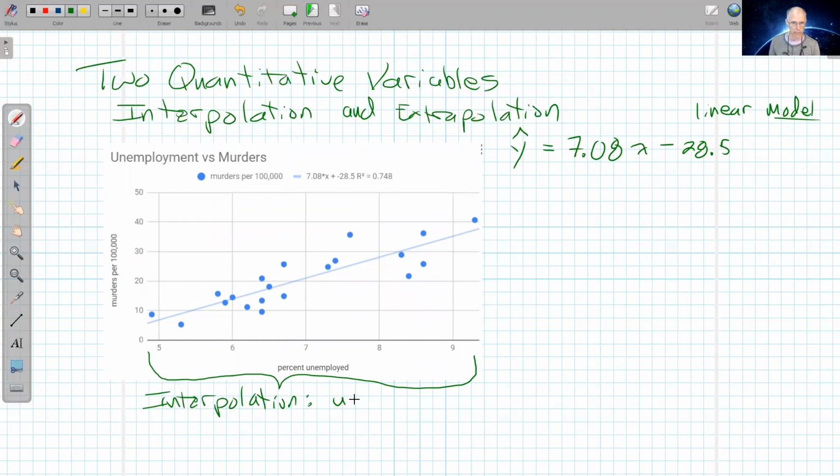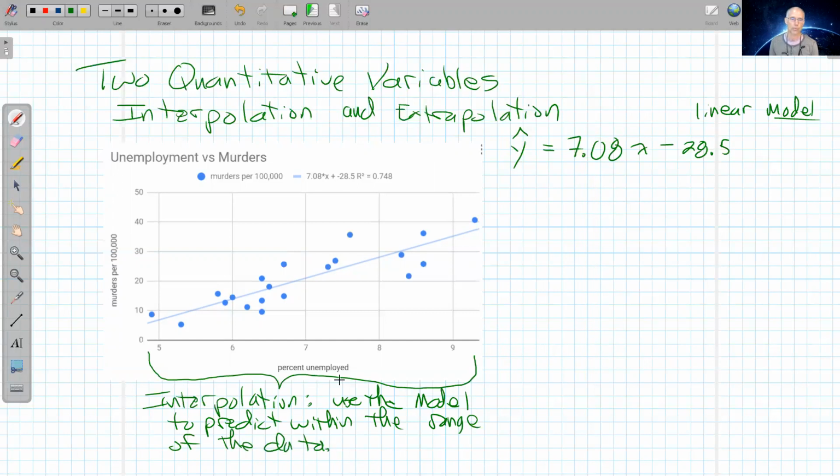So interpolation is to use the model to predict within the range of the data. If I pick an unemployment rate of anywhere between 5 and 9% roughly, that would be interpolation.